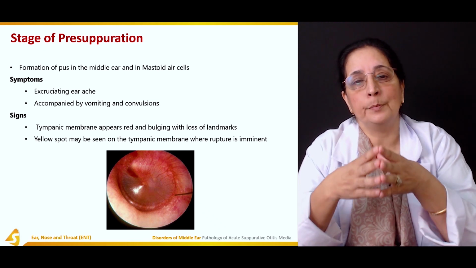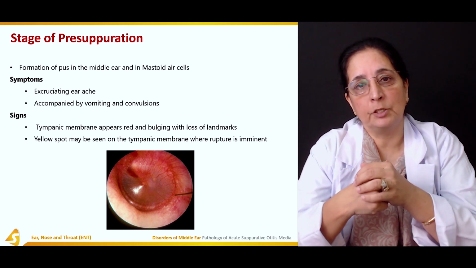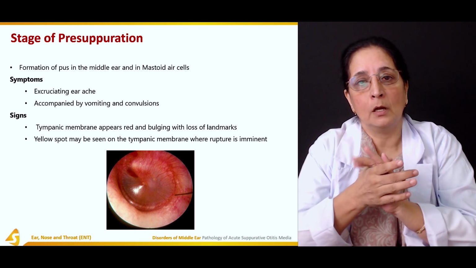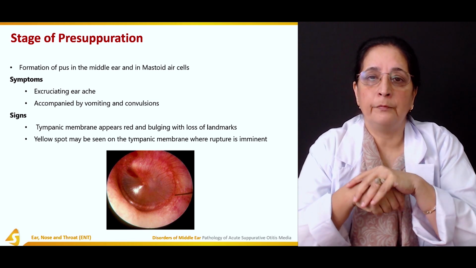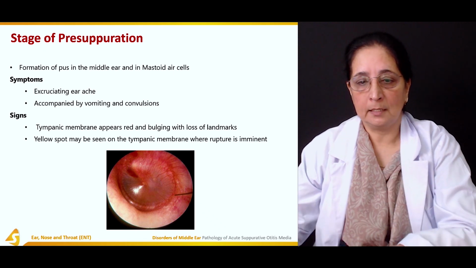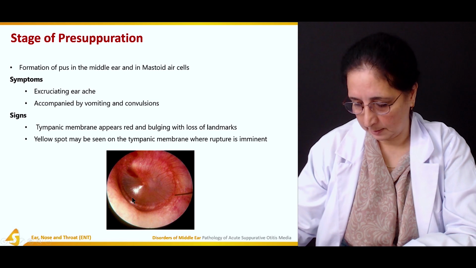Unless it gets ruptured or perforated and that pus is drained out, a patient won't get better and won't feel relieved. So this is the tympanic membrane with the pus in the middle ear.